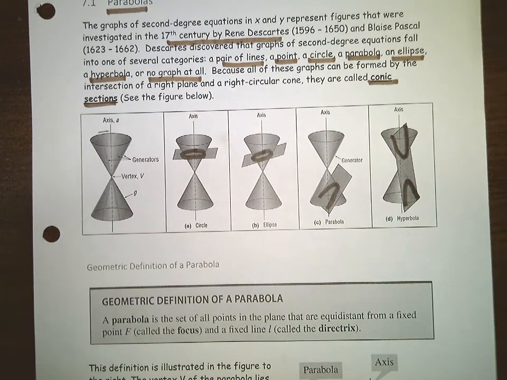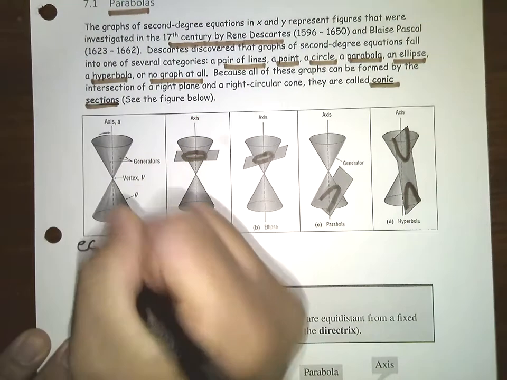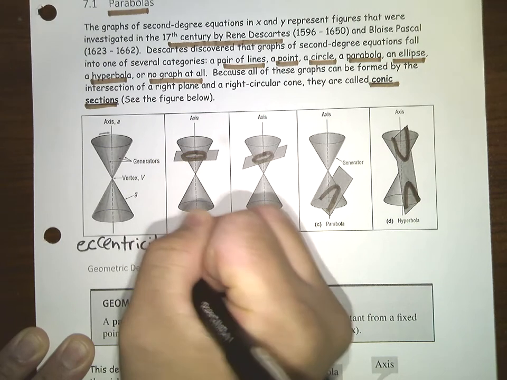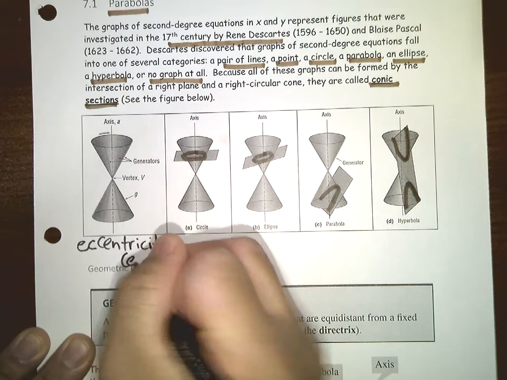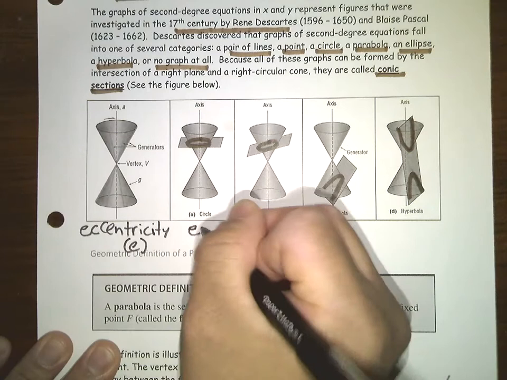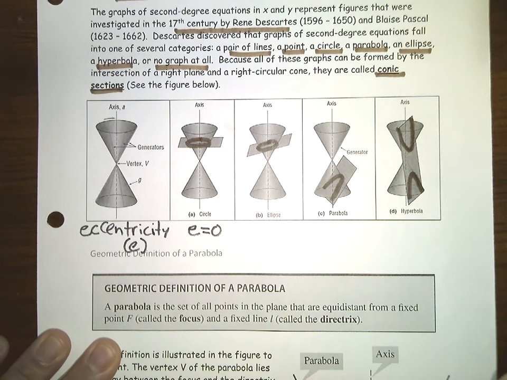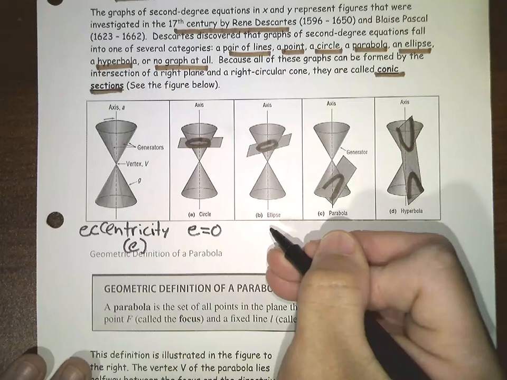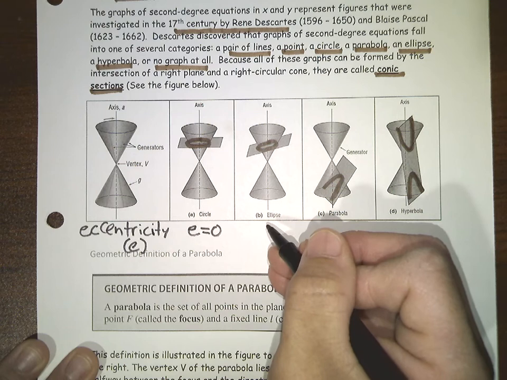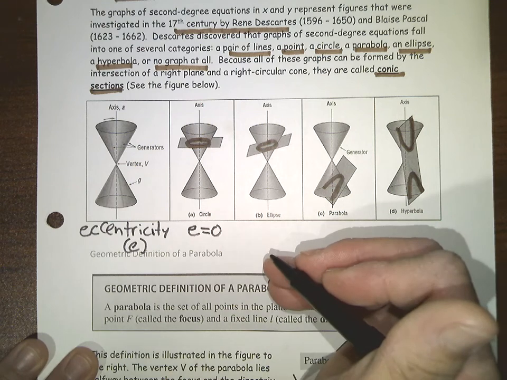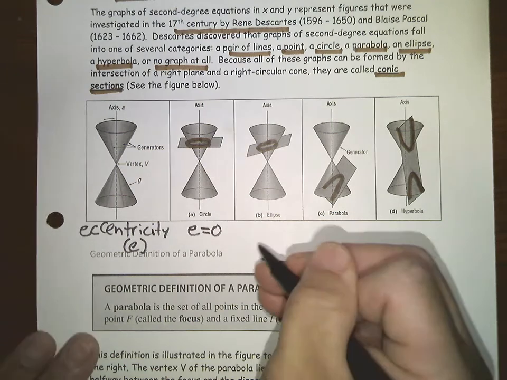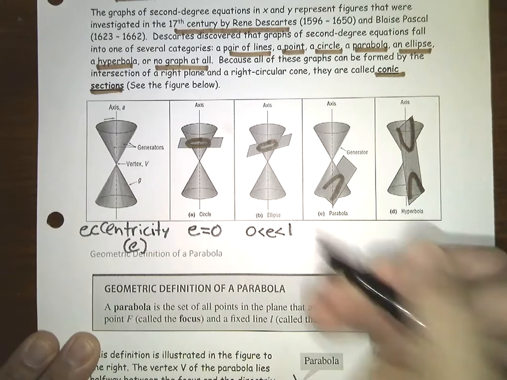There's something called eccentricity, and we usually just denote that by the letter E. Circles have an eccentricity of 0, and ellipses, which are what people would usually call an oval, something round in nature but not a circle, have an eccentricity between 0 and 1.